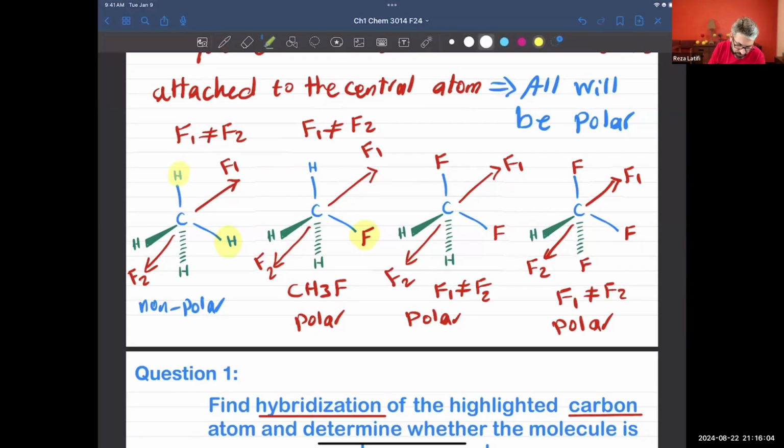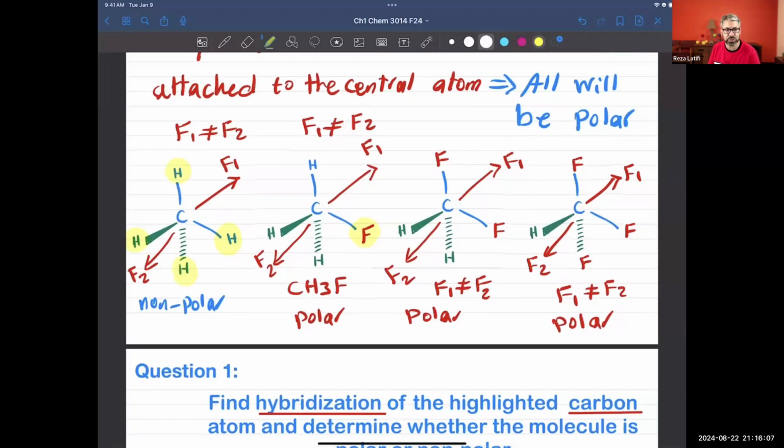So remember, we used to have 4 identical hydrogens, and I change one of the hydrogens. So let's say I'm going to change this, and I keep those yellow. I have 2 of them here. I change 2 of the hydrogens. And again, now I have 3 fluorines, and this one is hydrogen. Let me change the color of this one.